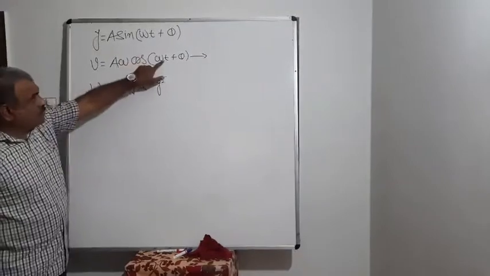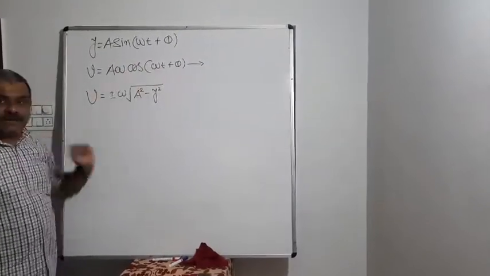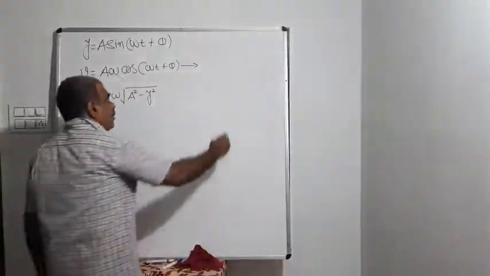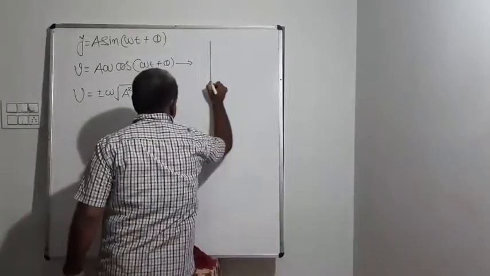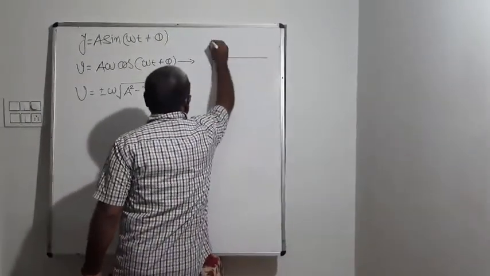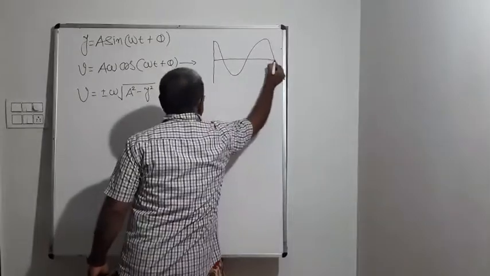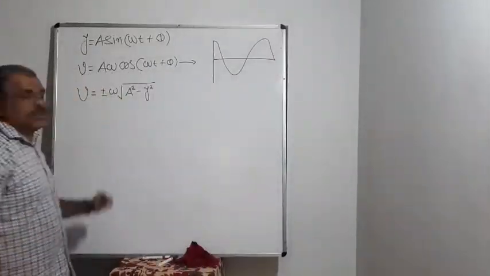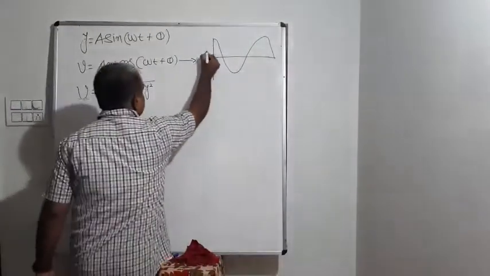Velocity equation in terms of time is according to cosine function. So if I plot the velocity versus time graph, then it will be a cosine graph as per this formula.